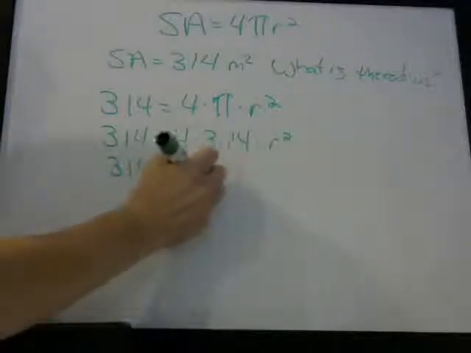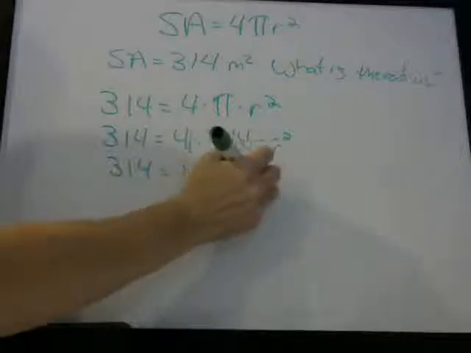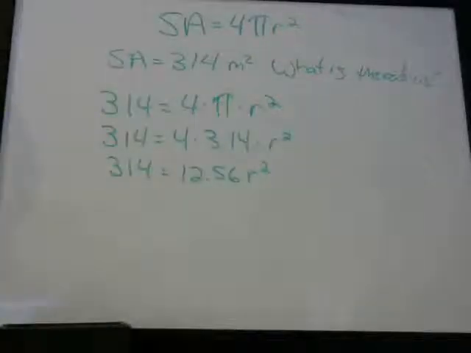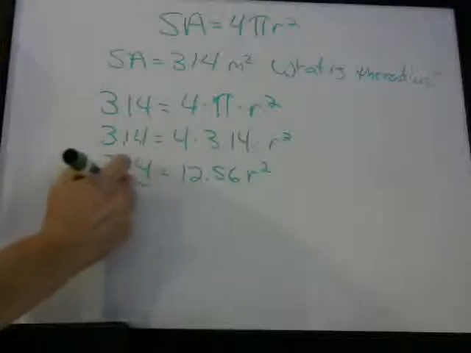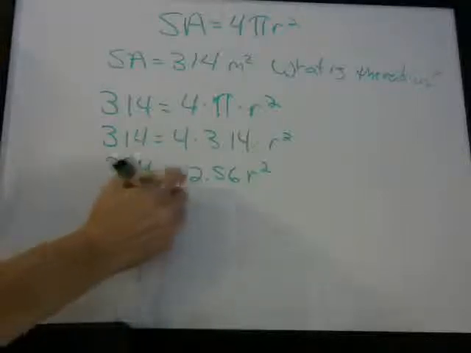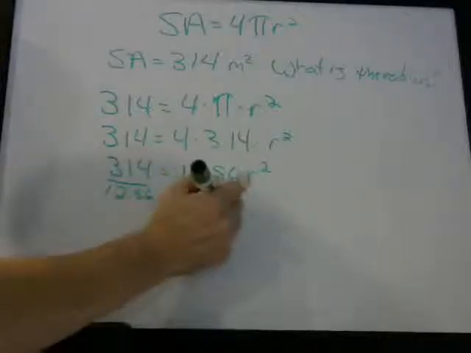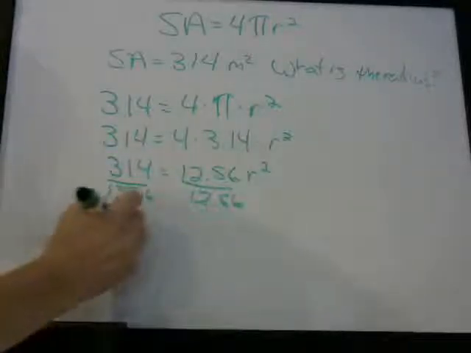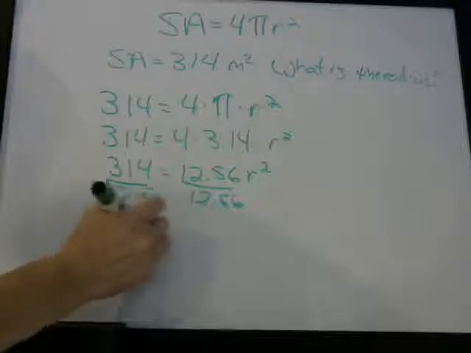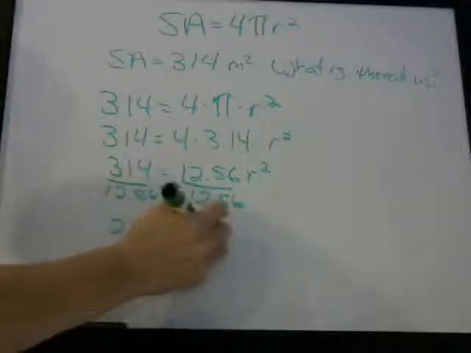You're going to get 12.56 r squared. So now how do we solve for r? Remember, if you don't know how to do this, you need to watch the algebra videos. So to get rid of the 12.56, we're going to divide each side by 12.56. 314 divided by 12.56 is 25, equals r squared.